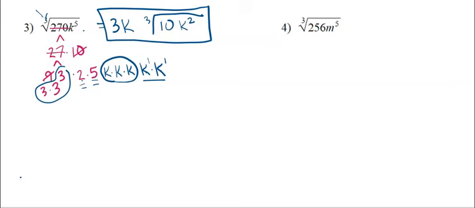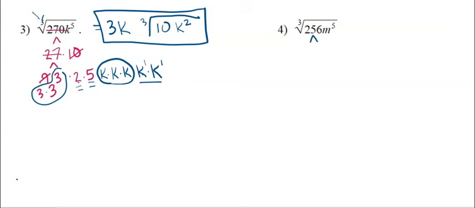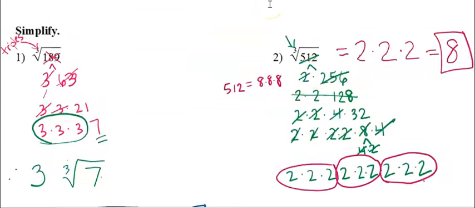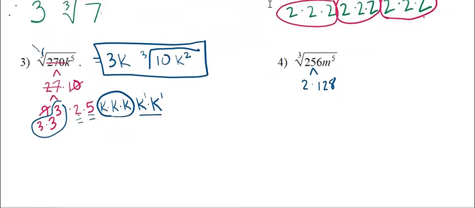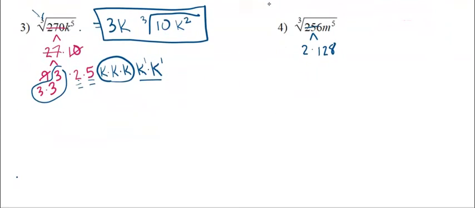All right, let's try 256. So we have, I know 2 goes in there, so 128. I feel like, nope, we did 512. So we get the 2 stays. 128, I know divides by 4, so 32.